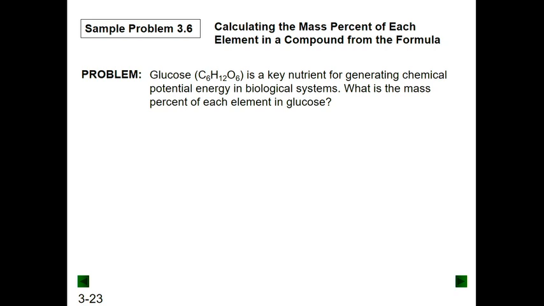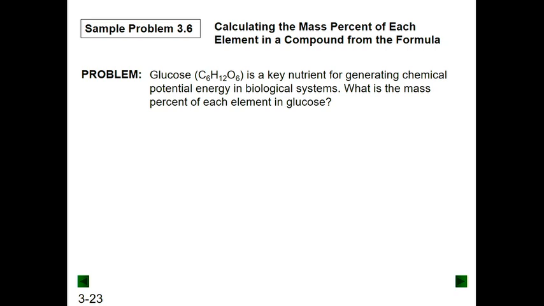Take a look. We have 6 carbons for glucose, and every carbon weighs 12.01. Yes? So for carbon, we have 6 times 12.01. For hydrogen, we have 12 times the molar mass of hydrogen, which is 1.008. Of course, grams per mole.